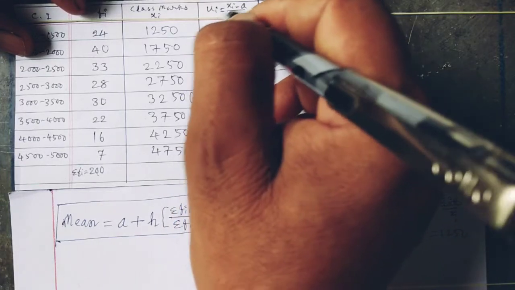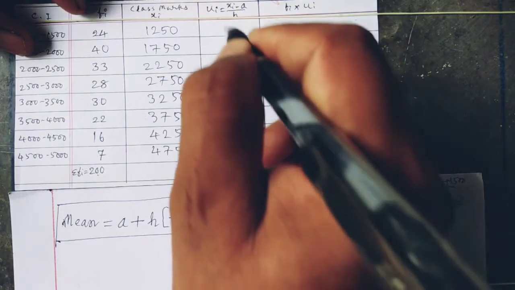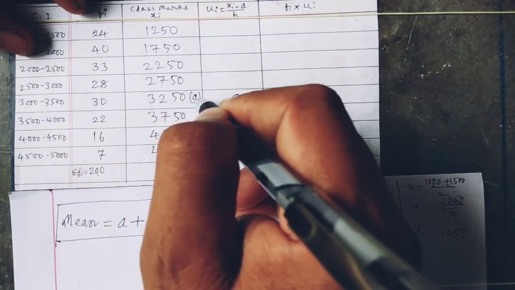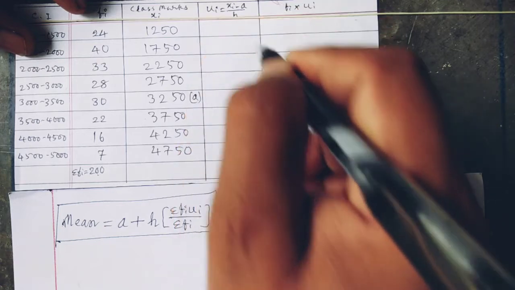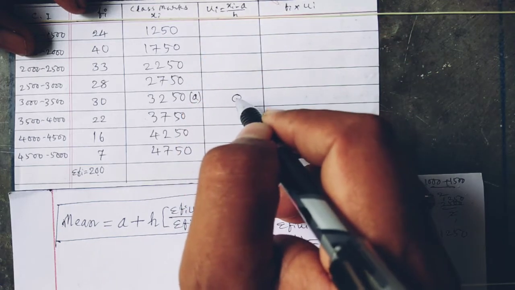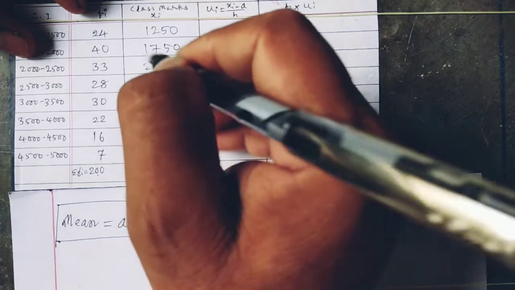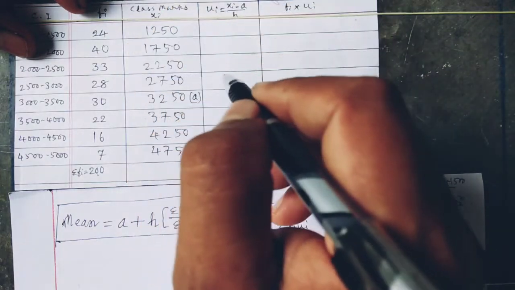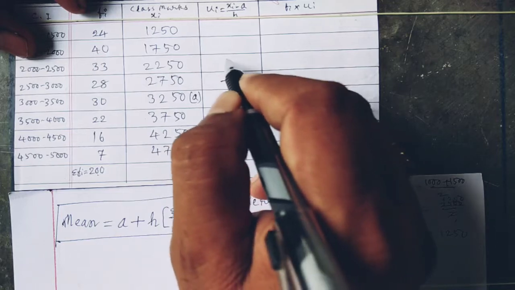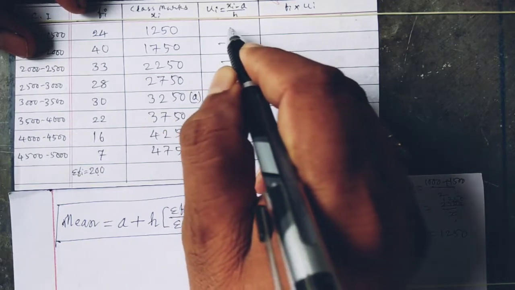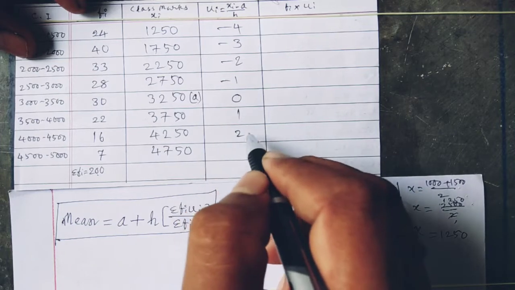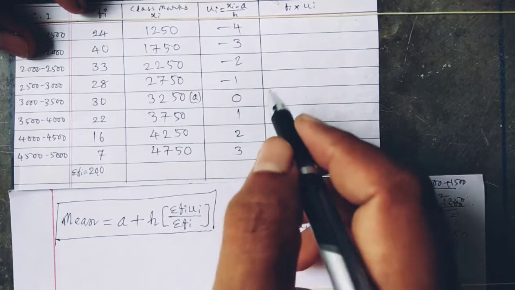If we substitute, x minus a gives 0, and divided by h, 500, gives 0. Above it, the smaller numbers, we can keep -1, -2, -3, -4, and below it, the larger numbers, +1, +2, +3.